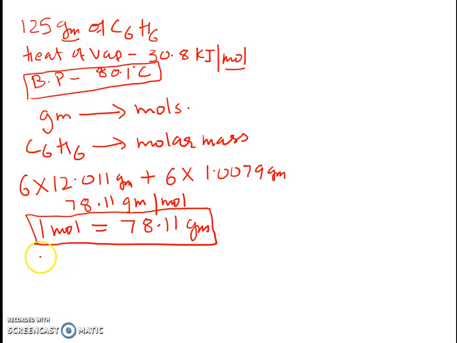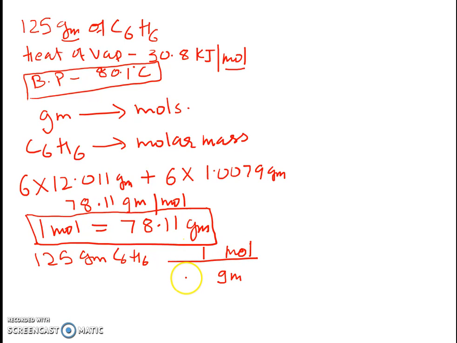So for that, you need to convert 125 grams of benzene to moles. To convert that, you need to write down the above relation here. So you don't need grams. So what you're going to do is you're going to write down grams at the bottom so you can cancel them out, and the mole at the top.